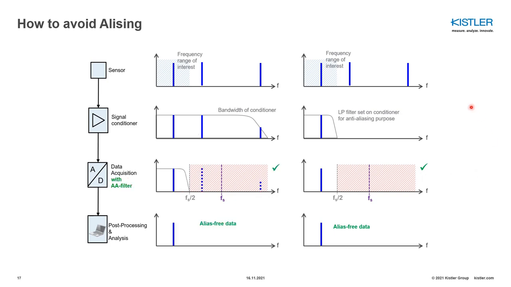So one way was a low-pass filter, like we have on the right-hand side, to avoid aliasing, and the other way is, of course, to have anti-aliasing filters. Some data acquisition systems have automatic anti-aliasing filters, and with the help of that, you will be measuring the right frequency.